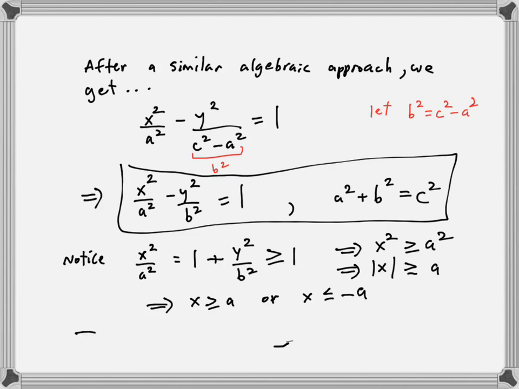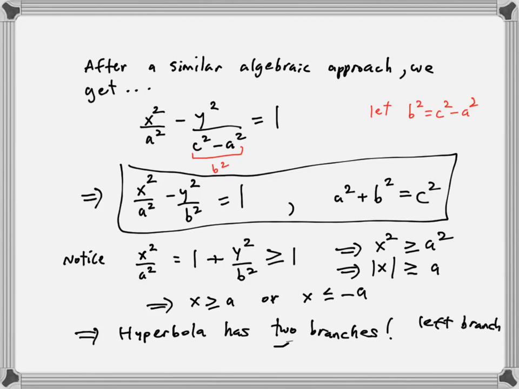So this means that a hyperbola has two branches, a left branch and a right branch.